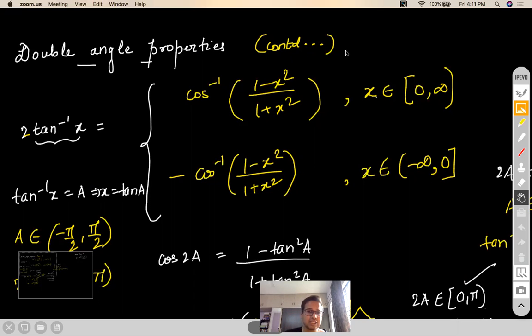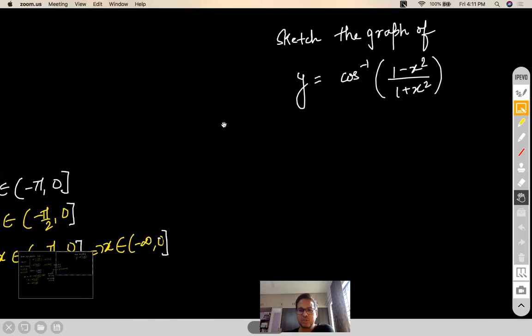See, this exercise which I'm doing with you is very important because graph solves a lot of things pretty quickly. I think last class we saw one of the questions which was very easily solved when we use the graph of sine inverse of 2x by 1 plus x squared. So I'll also do along with you.